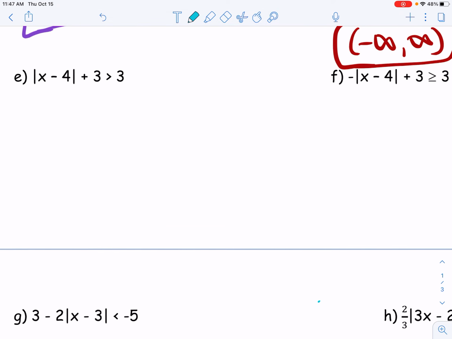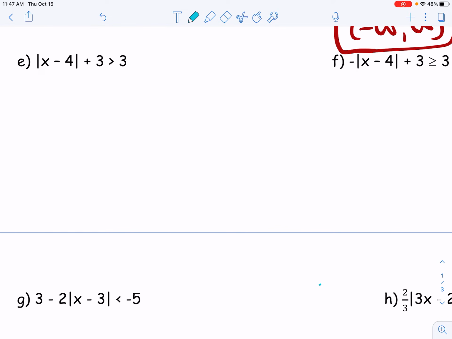All right, so I have absolute value of x minus 4 plus 3 is greater than 3. First step is to isolate the absolute value. I'm going to do that by subtracting my 3, and that's going to give me this situation here. And so I need to pause and reflect at this moment. I have an absolute value greater than 0. That is pretty much always true.